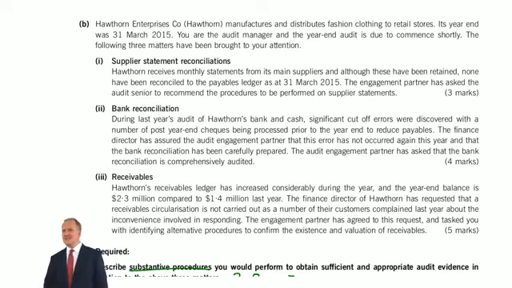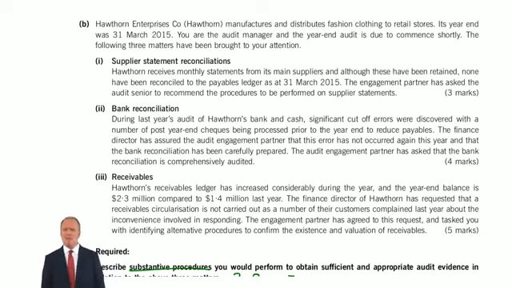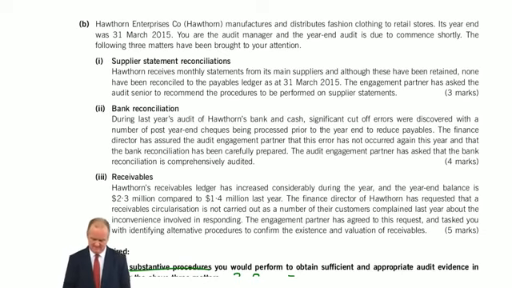You then stick it in your desk drawer and don't send it to the suppliers until a few days later, because you don't have the cash, you don't want to pay it, but you want to make it look like it's been paid to bring your payables balance down. The finance director has assured the audit engagement partner that this error has not occurred again this year and that the bank reconciliation has been carefully prepared. The audit engagement partner has asked that the bank reconciliation is comprehensively audited.